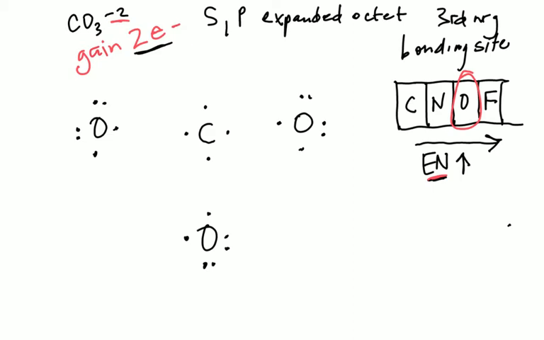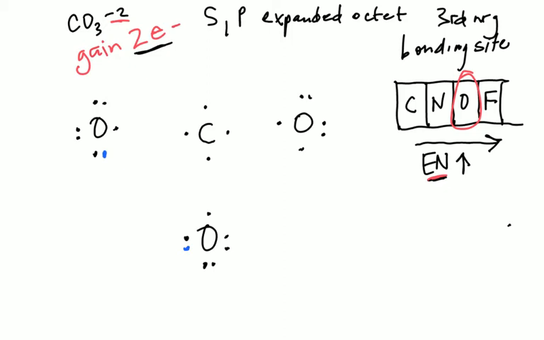So let's give this extra electron, for argument's sake, to this oxygen right here that I've drawn in the blue. There's one of the extra electrons that I'm going to draw, and I'm going to give it to, let's say, this oxygen.